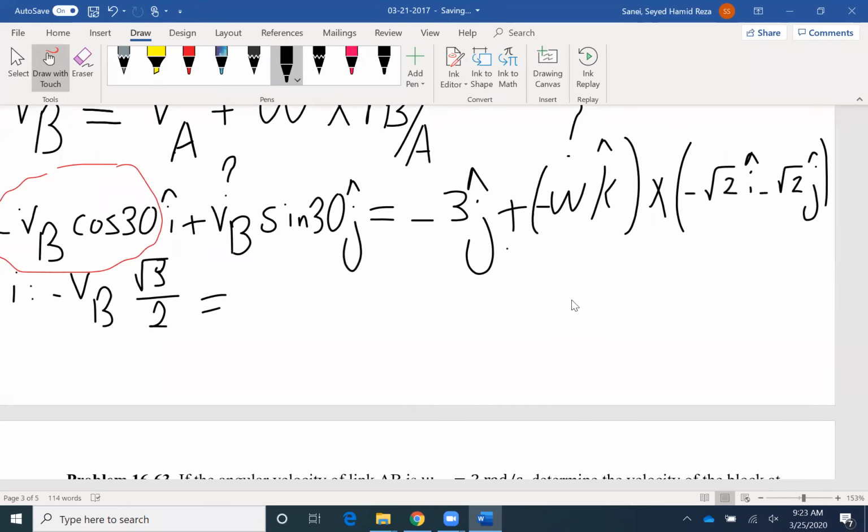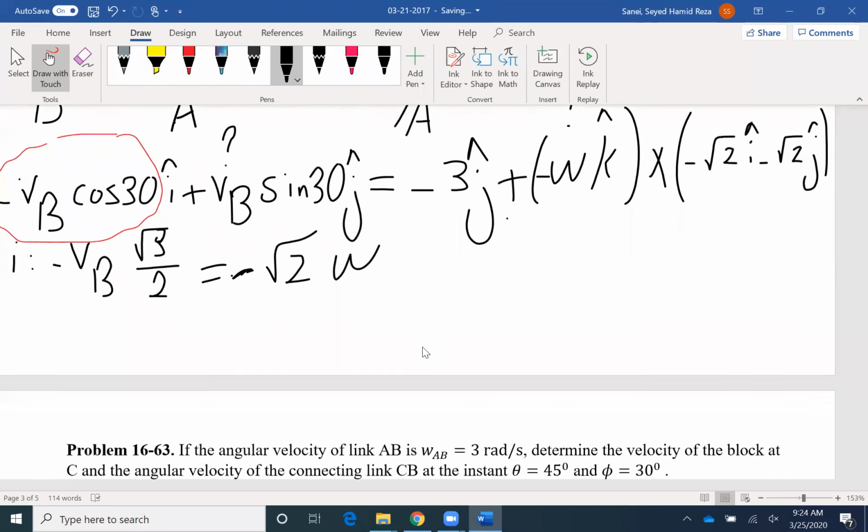I know K cross I will give me J, but K cross J will give me I, and the cross product will produce a negative component. And here, so negative, and the other two negatives would go away. I have a negative here and negative over there, so that would be negative 2 omega. So that's for the I component.